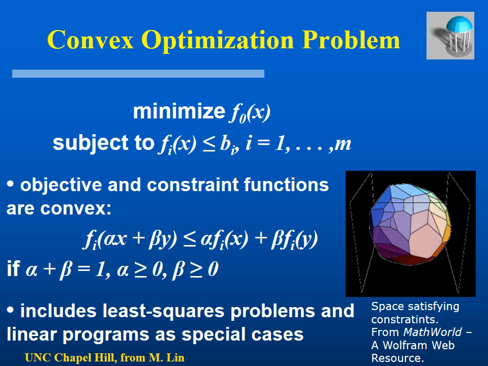The convex formulation says that for each one of the f sub i's, if you have a function of, well, here, one x tuple, x means x1, x2, x3, y means y1, y2, y3. So we have 2 points, x and y, and we have a linear combination of them where the sum of the weights alpha and beta is 1.